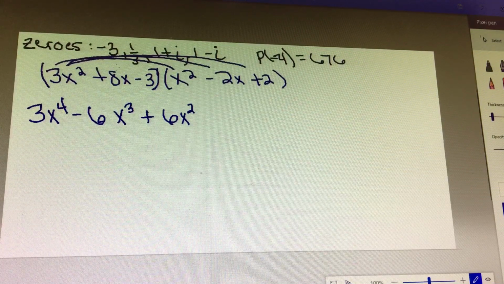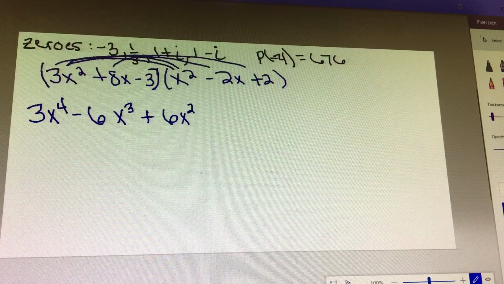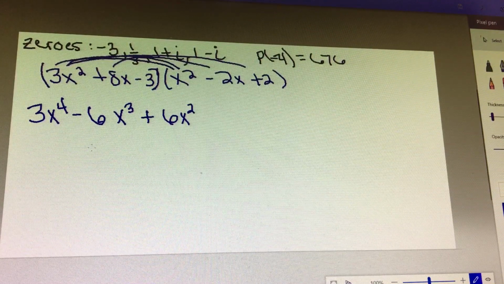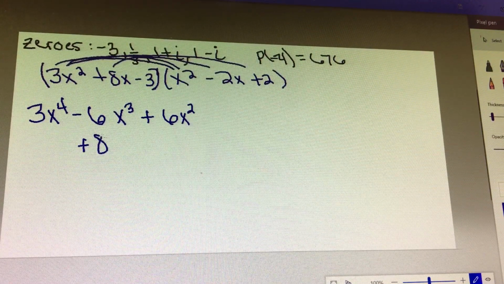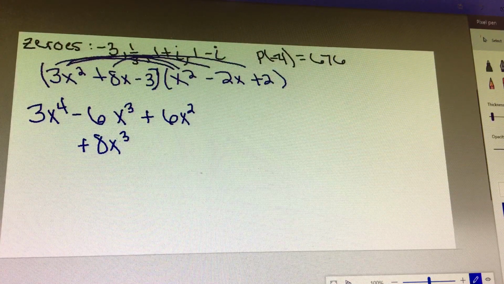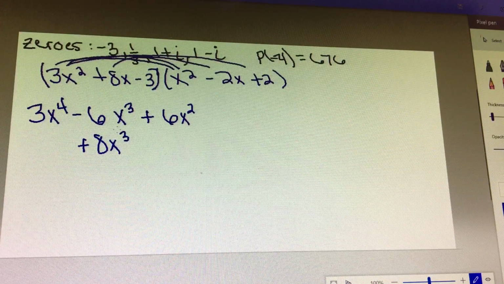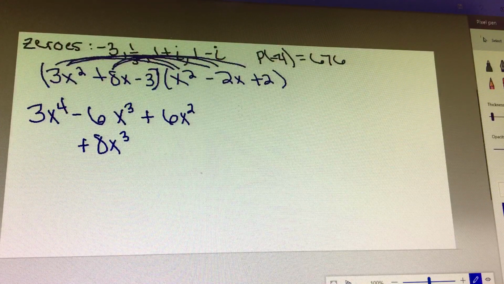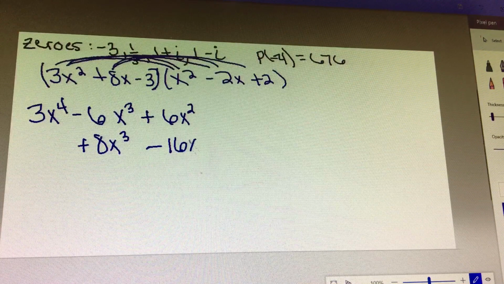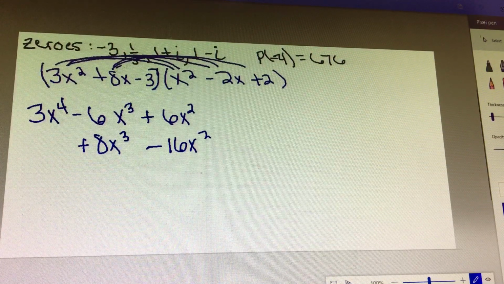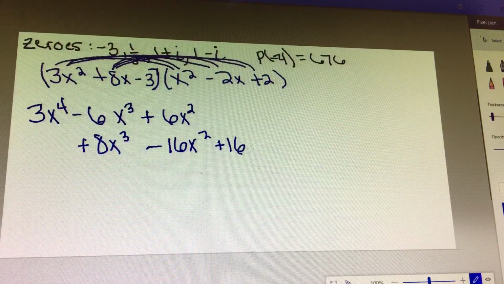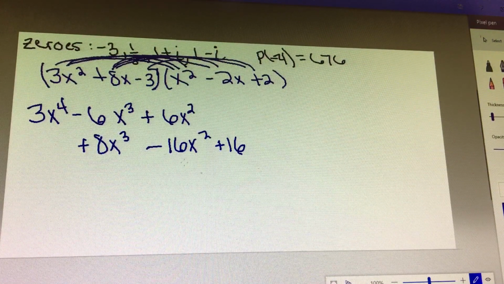Then I go to my next term, 8x. 8x times x squared gives me a positive 8x cubed. I'm going to put it underneath the x cubed term, so I'm lining up my like terms as I go. Positive 8x times negative 2x gives me a negative 16x squared. And then 8x times 2 gives me a 16. Then my last term, negative 3. Negative 3 times x squared.